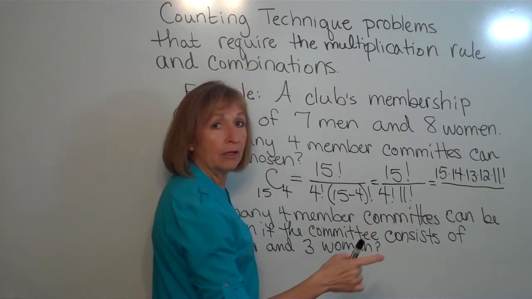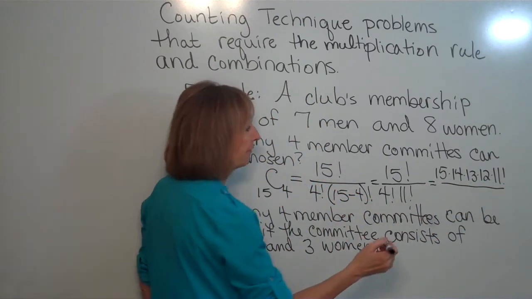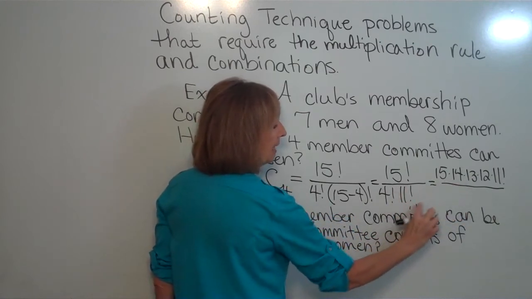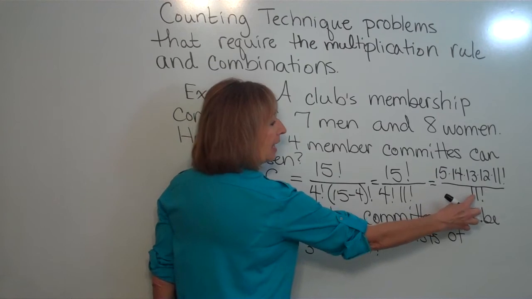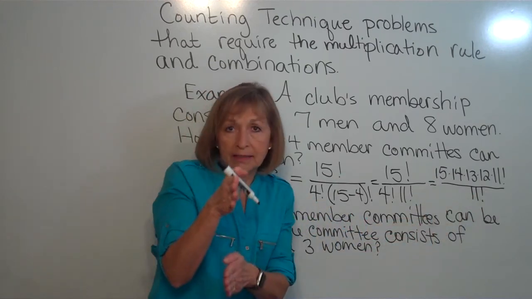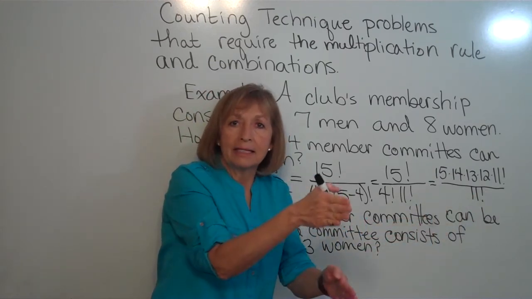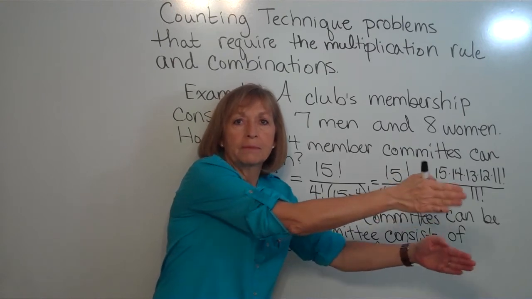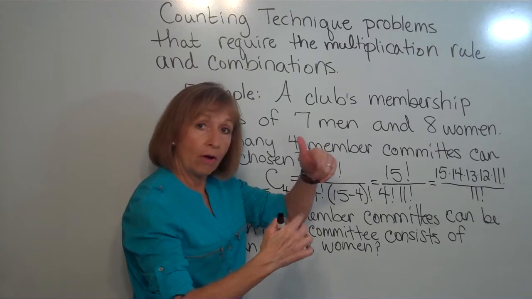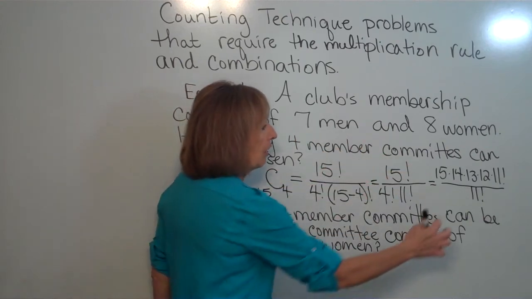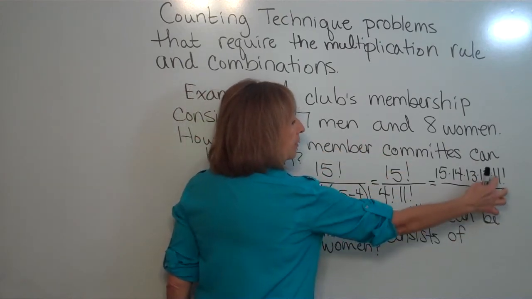But the 11 factorial is going to stay packed together as 11 factorial. In the denominator, this other 11 factorial is going to stay packed together too, because they both do the 11 times 10 times 9 times 8 times 7 times 6 times 5 times 4 times 3 times 2 times 1.